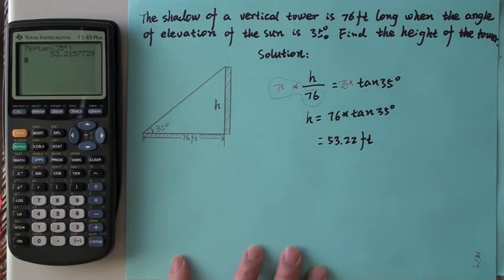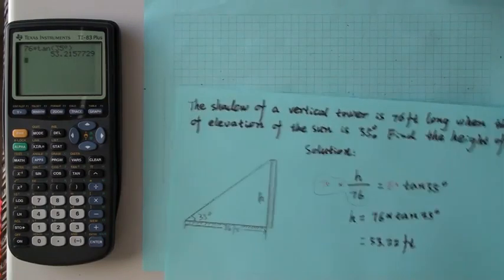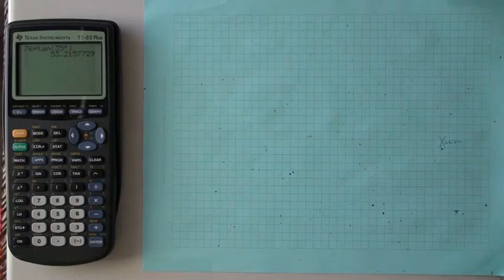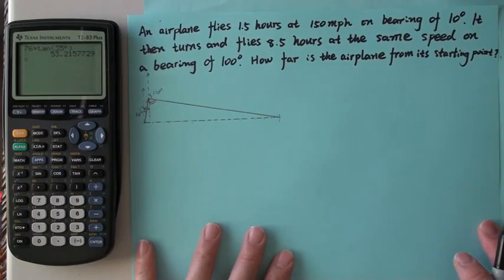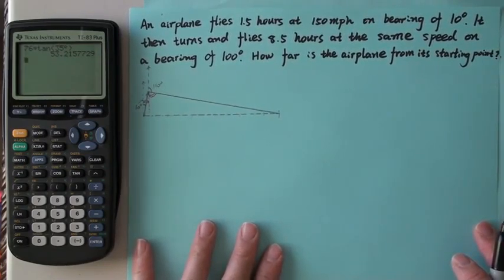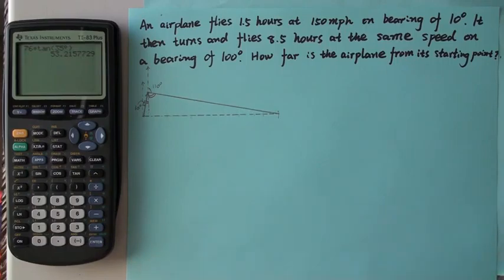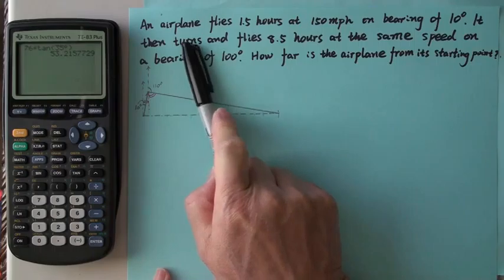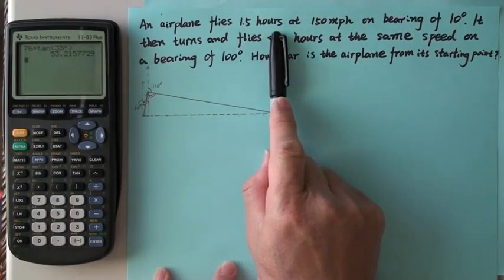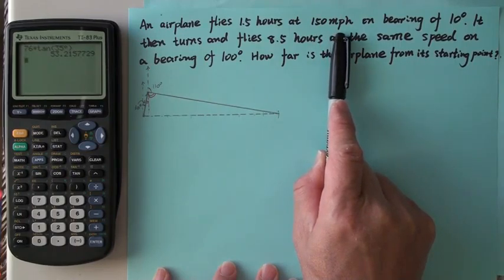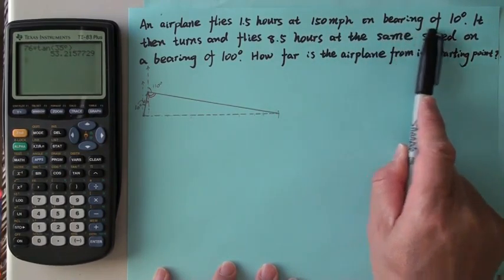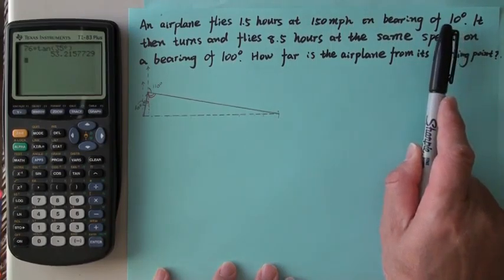Okay. Now, let's look at another example. This example says that an airplane flies 1.5 hours at 150 miles per hour on a bearing of 10 degrees.